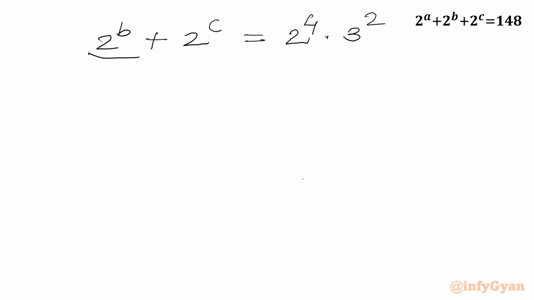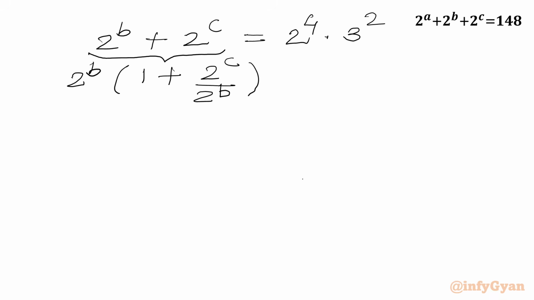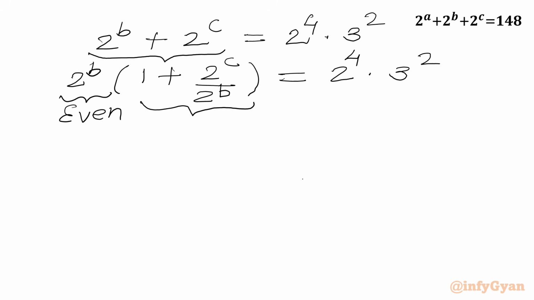We'll take 2 power b common from the LHS and write 2 power b times 1 plus 2 power c over 2 power b in the left hand side. And in the RHS we'll write 2 power 4 times 3 square. Again 2 power b is an even number. 1 plus 2 power c over 2 power b will always be an odd number.